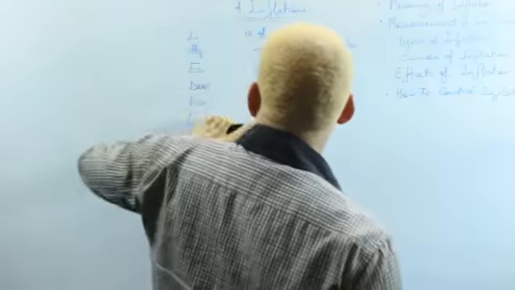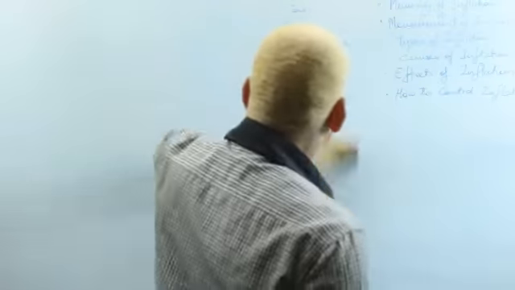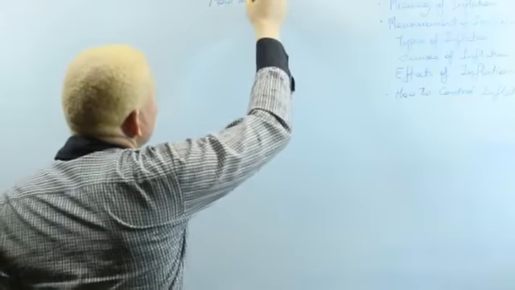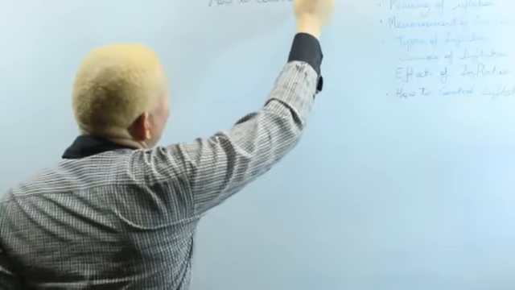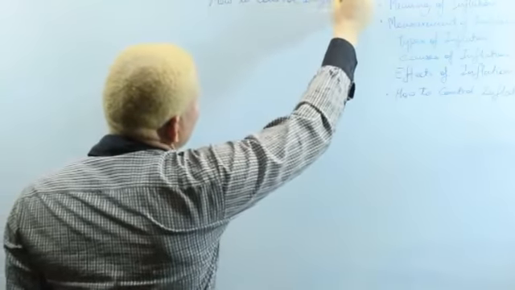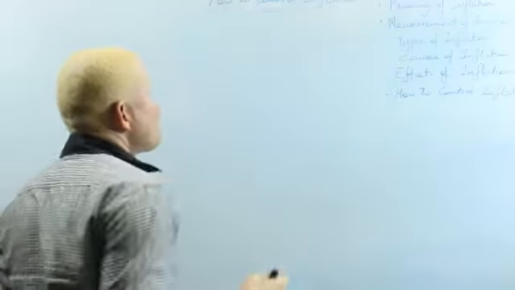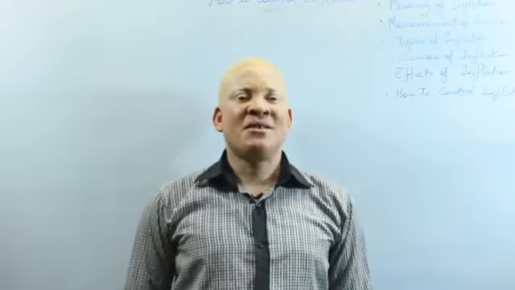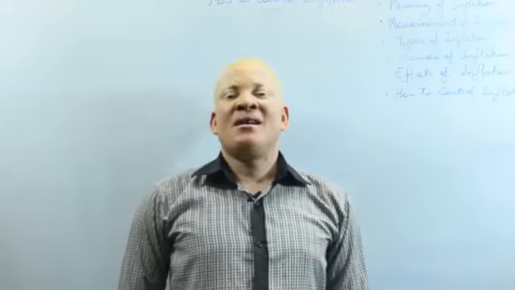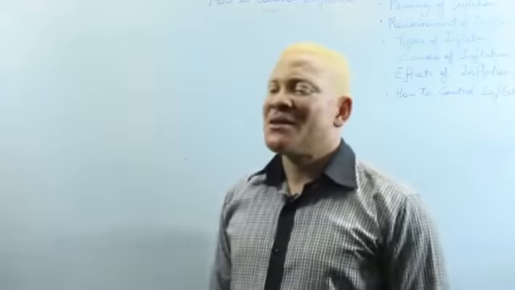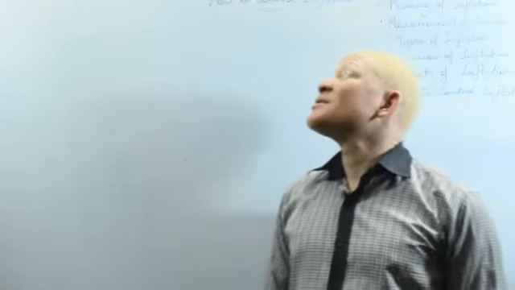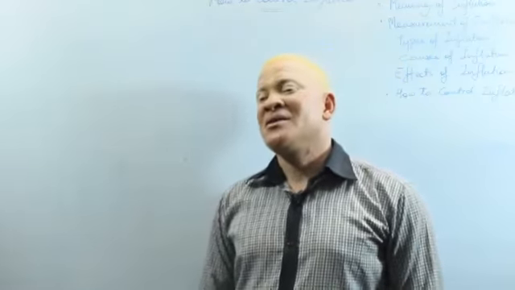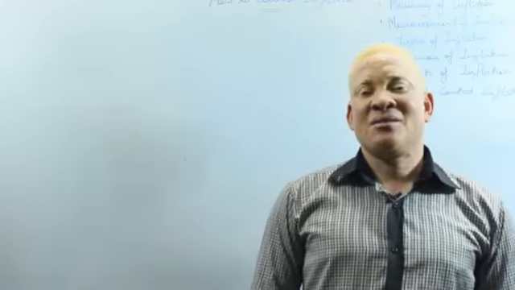But now, how do we control inflation? First of all, we said that inflation has to do with the increase in prices, and one of the primary causes of inflation is the increased demand over supply.